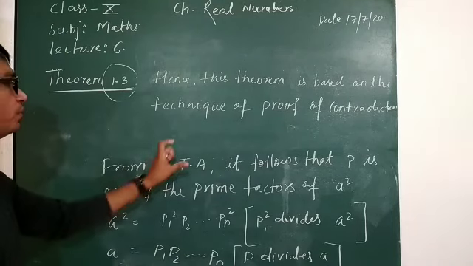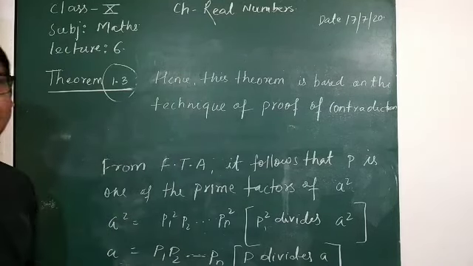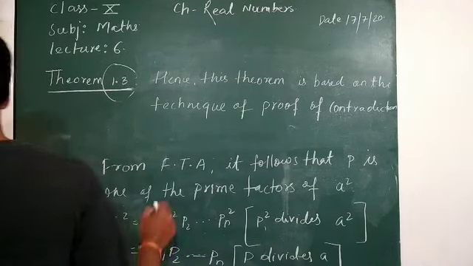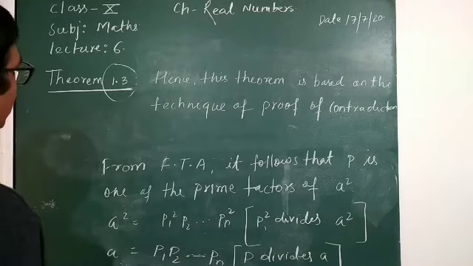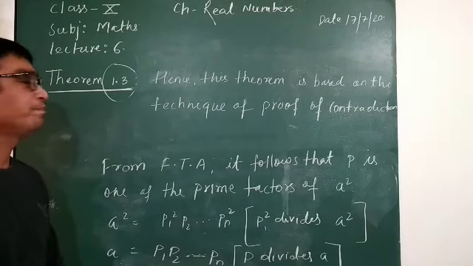This proof is also based on the proof of contradiction. So the proof is based on the technique called proof of contradiction. So this is theorem number 1.3.